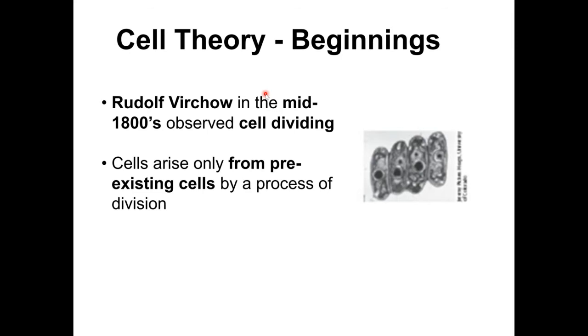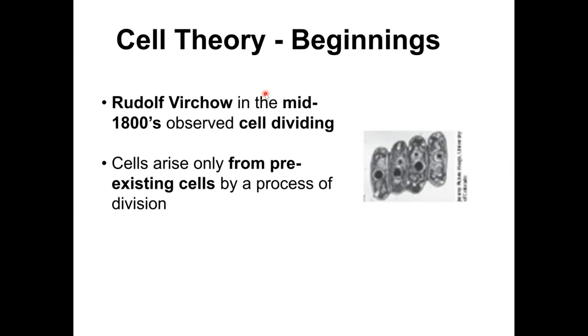So this discovery, showing that cells can divide, pointed to the fact that even these invisible creatures always arise from previous living organisms, previous cells. So there is life associated with these cells, and that's the base of the formation of new organisms all the time.